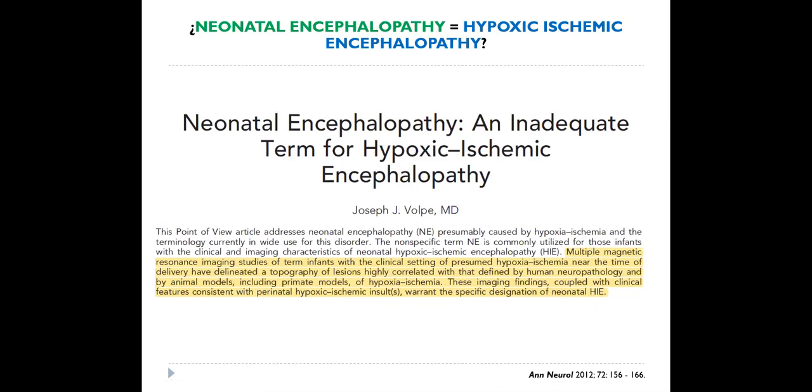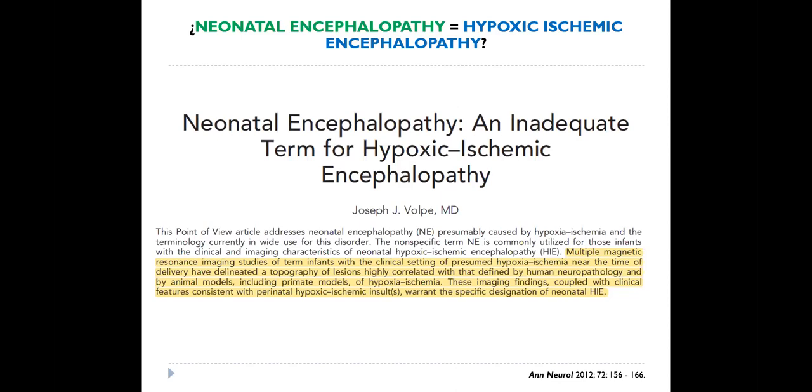What does it mean? I think that neonatal encephalopathy is a way of naming a neurological dysfunction, but the etiology can be diverse. For example, if you have an organic acidemia with neonatal encephalopathy, I prefer to use the term metabolic encephalopathy.